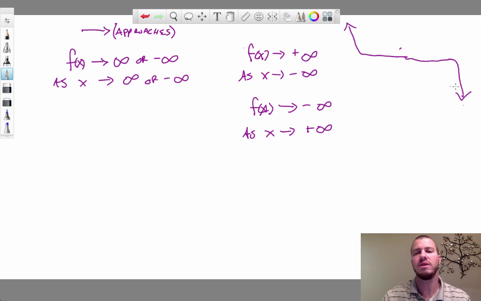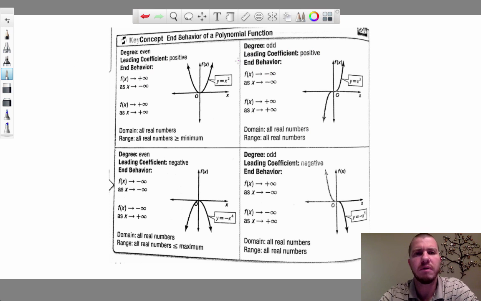So it means it's going to be going down as the graph goes to the right. So if you understand what each of those mean, it will make it a lot easier to determine the end behavior of the graph. I'll put up some key important parts, but if I say something that sticks out and I didn't write it down, go ahead and write it down.